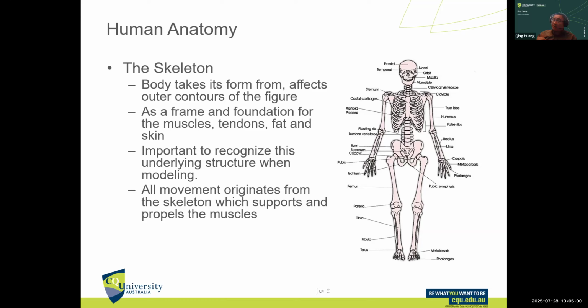I remember when we studied art history, Michelangelo and the Renaissance masters were always mocking their contemporary artists, saying that they don't know anything about human anatomy, what's underneath the skin. What they draw, the human form, is just a bag of potatoes.